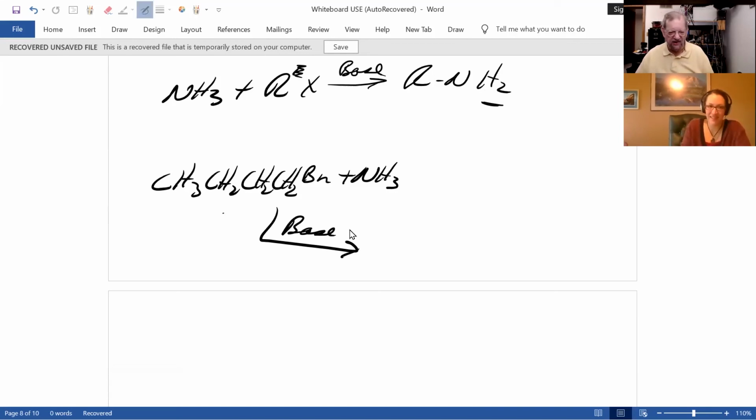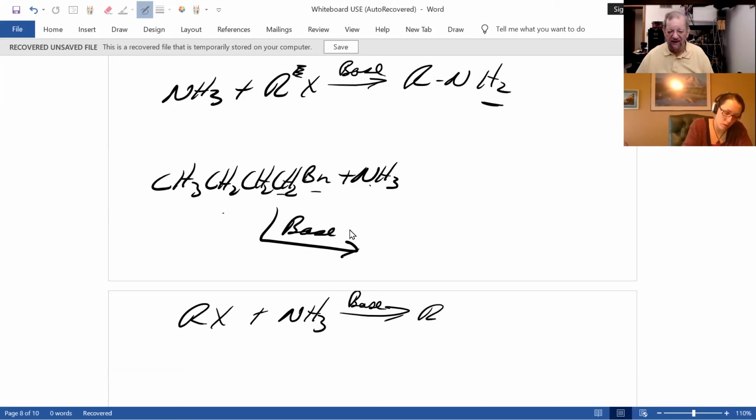All right, let's take a look at this. What's the organic product or product? 3 points each. What's different here? Ooh, carbon with a halogen, alkyl halide. Ooh, ammonia. Base. You form a primary amine. And what's my R group? These 4 carbons.